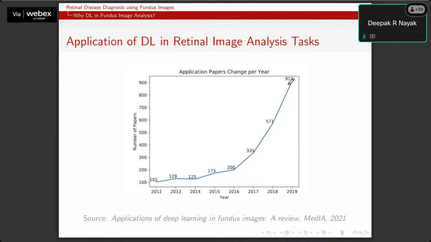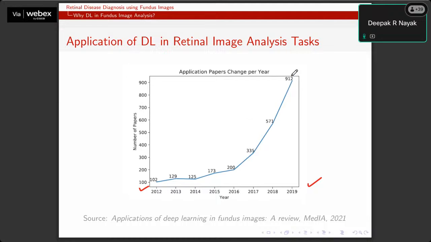Here are some statistics, a little bit old, which I've taken from this paper published in Medical Image Analysis, a good journal in the field of medical imaging. Here you can see a survey from 2012 to 2019 of how many papers have been published over the years on retinal image analysis, of course using deep learning.